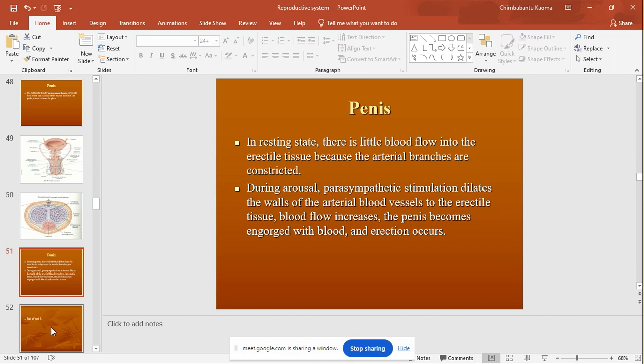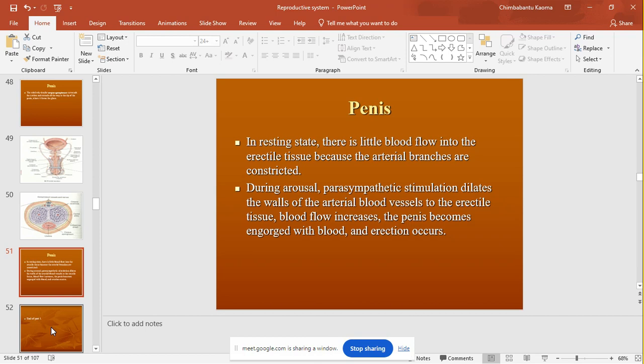It is these parasympathetics that lead to the dilatation of the arterial blood vessels that supply blood to the erectile tissue. And because it is erectile, it's like a balloon. If you inflate it, it becomes bigger, and that is what leads to an erection during sexual arousal.